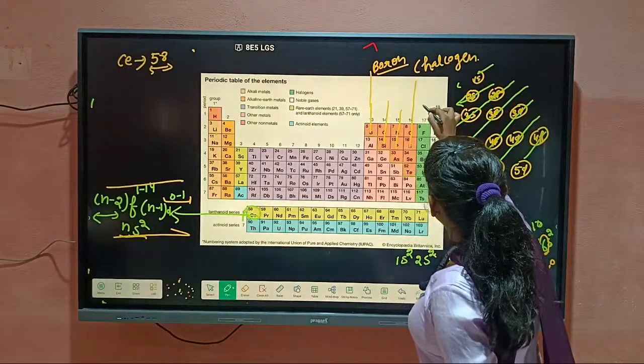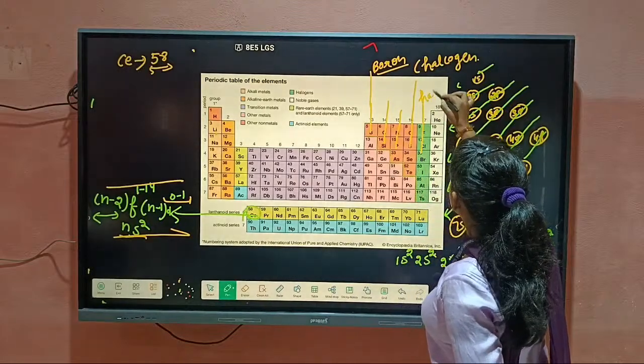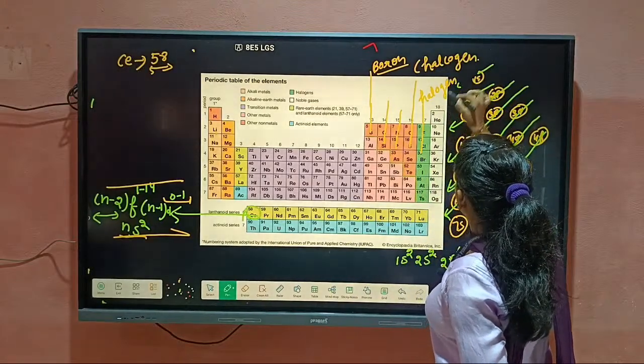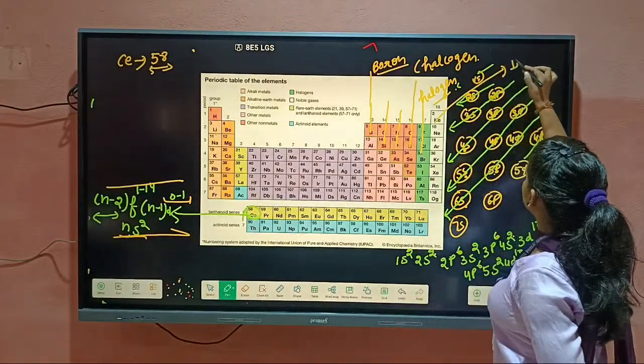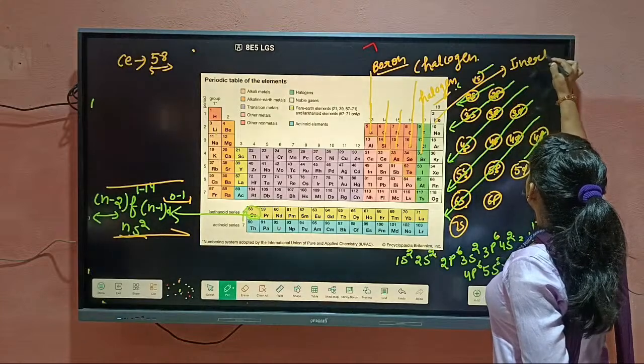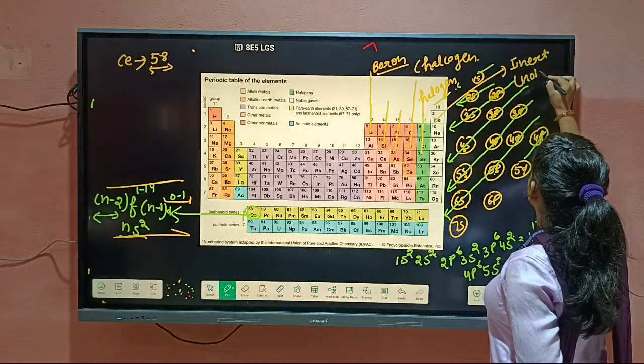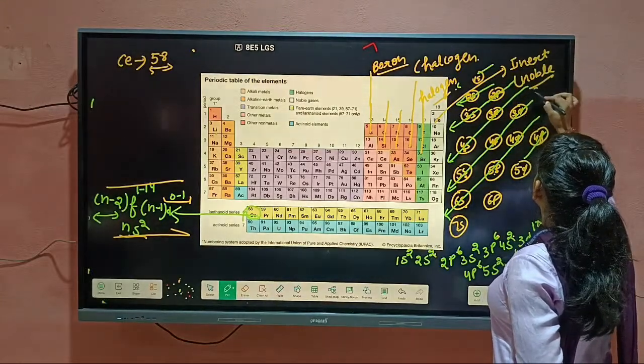Group number 17 elements are known as halogens. And group number 18 elements are known as the inert gases or noble gases.